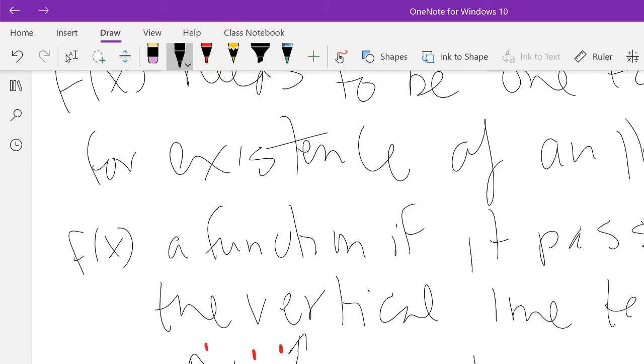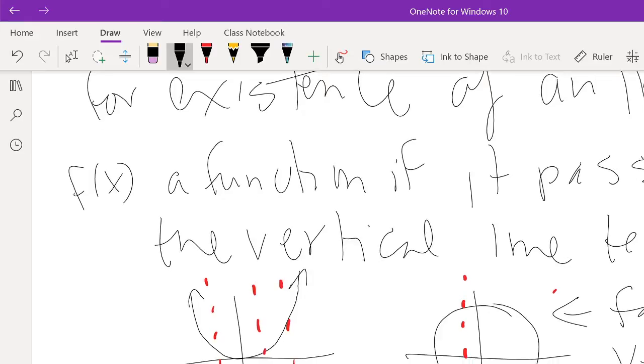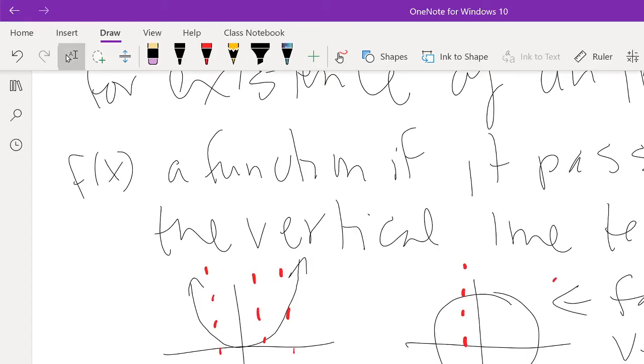And if you had something like this, we could see that it fails the vertical line test. Okay, so that is for f of x to meet the qualifications that it is a function.